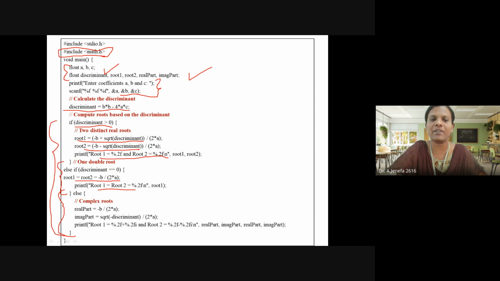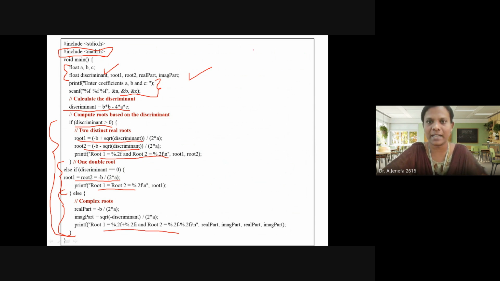The third case is given in the else part. For the third case, that is the discriminant value less than 0, we calculate the real part and the imaginary part. For root 1, we use real plus i into imaginary. For root 2, what is the formula? Root 2 equals real minus i into imaginary. After I calculate root 1 and root 2, I just display their values here.